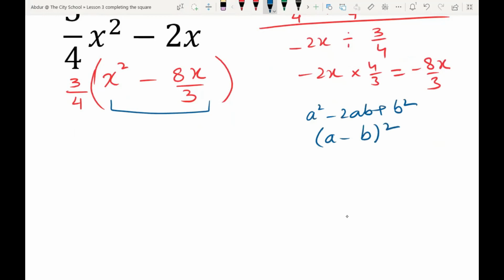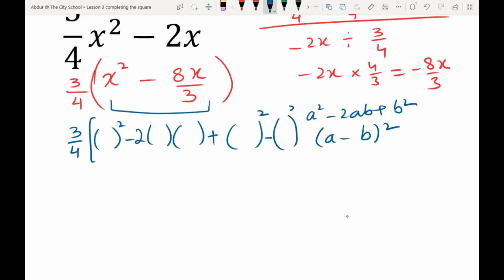So for this, 3 over 4 as it is, a square minus 2ab plus b square and minus b square. Don't forget to write an extra parenthesis with the square.